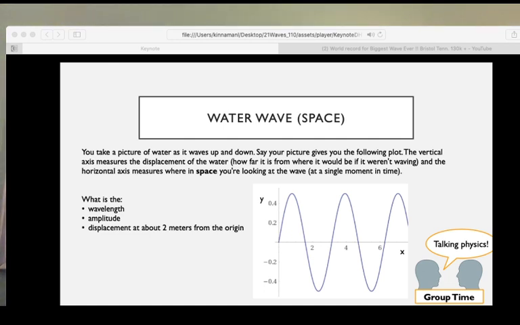It has these big crests and troughs. We want to figure out what is the wavelength, what is the amplitude, and what is the displacement at about 2 meters from the origin. So you guys take a moment and try to find those numbers, and I will draw it on my whiteboard.